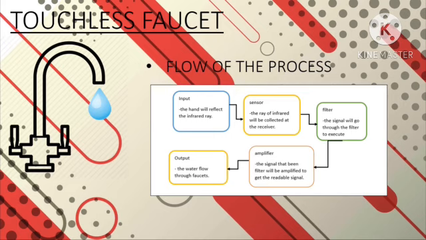The sensor will give the signal to the filter. The band pass filter will remove the unwanted noise, filter to a fixed range, and send it to the amplifier. The non-inverting amplifier will improve the signal to a readable signal and send it to the output. The output will allow the water to flow through the faucet.